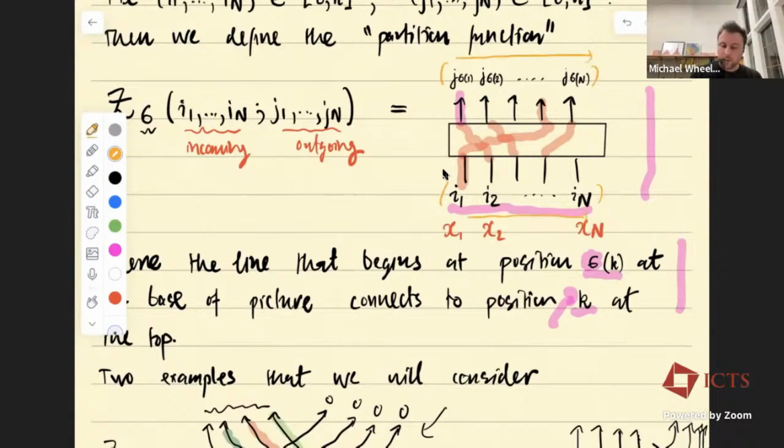Because the top vector has sigma built into the definition, that's why sigma is showing up here.